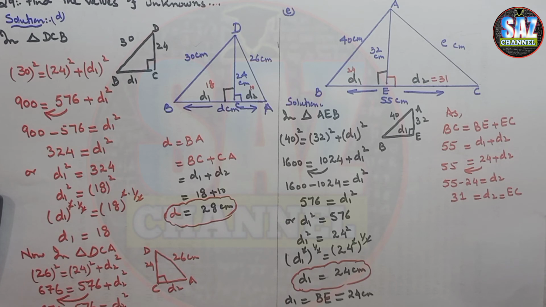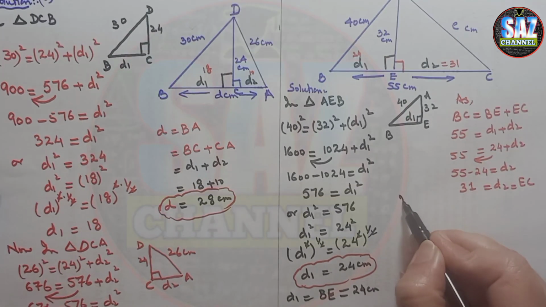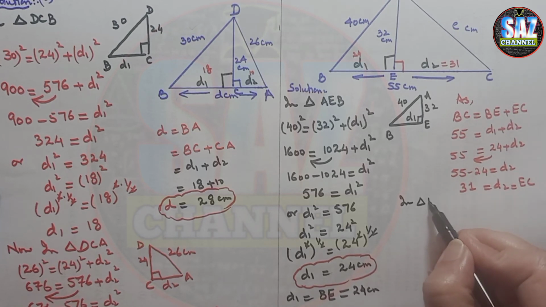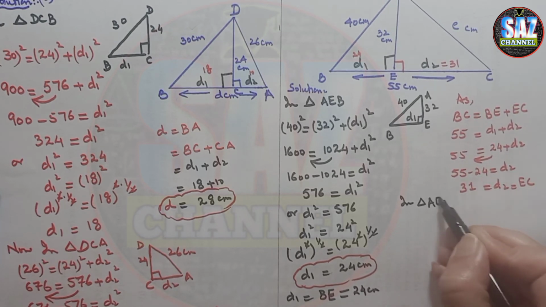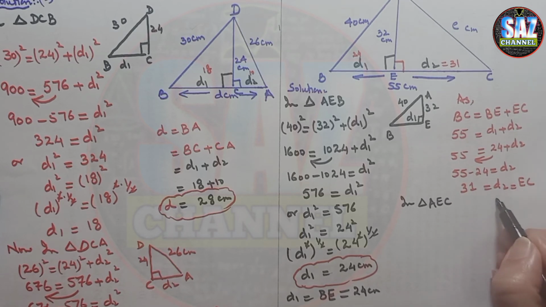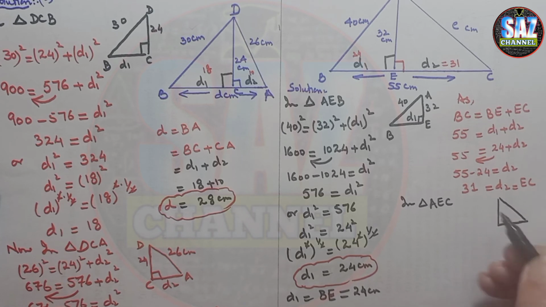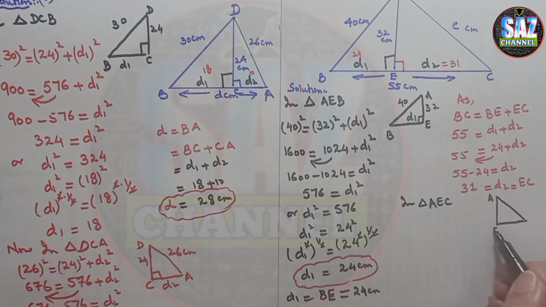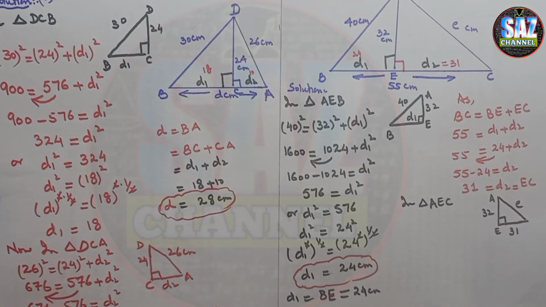Now in order to find the length E, what I will be doing is, in triangle AEC, A, E and C, let me make the triangle here. This is vertex A, this is E, and this is 32, and this is 31, and E is the unknown of the question, and this is a 90-degree angle.